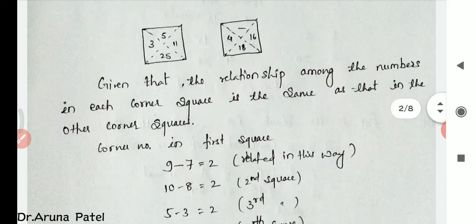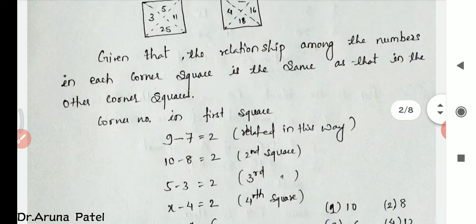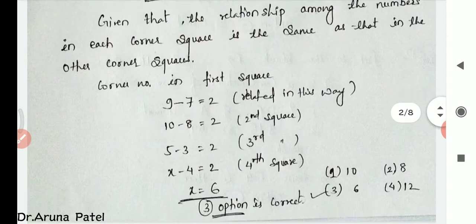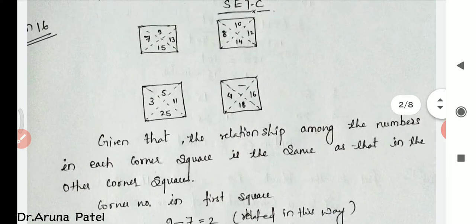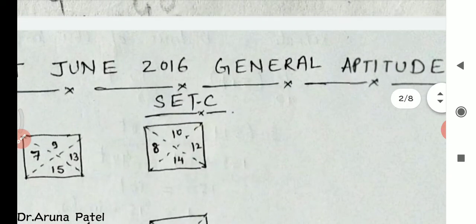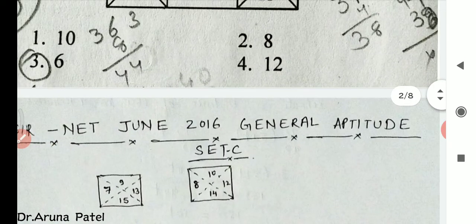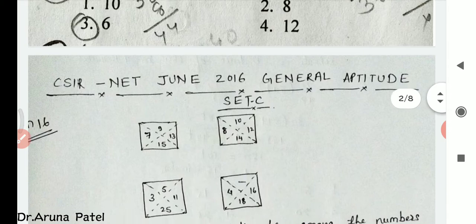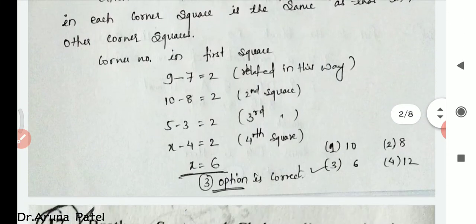So the relation is that the upper number minus the lower number from the corner gives the difference 2. So here it is 4, the missing number must be 6, so 6 minus 4 is equal to 2. Then this relation is followed. So x is equal to 6, the missing number must be 6. It is given in option number 3. So this one is the correct answer for this question.